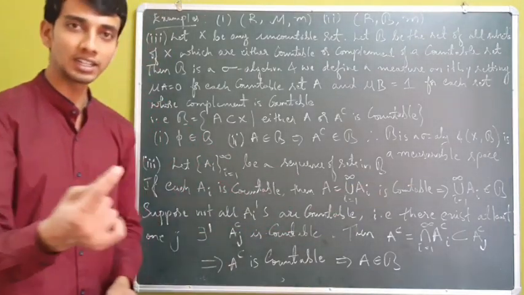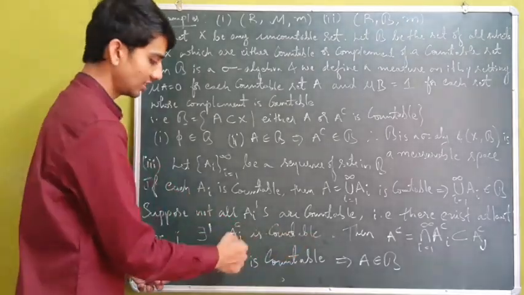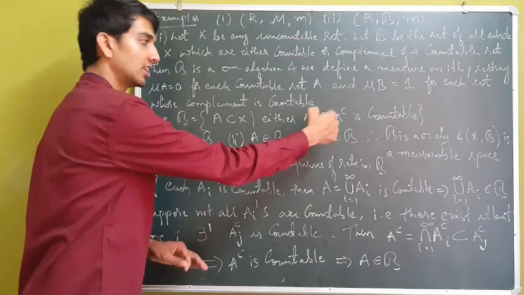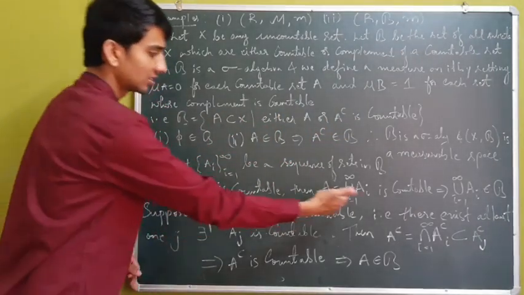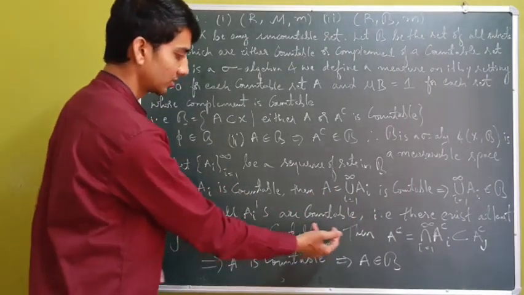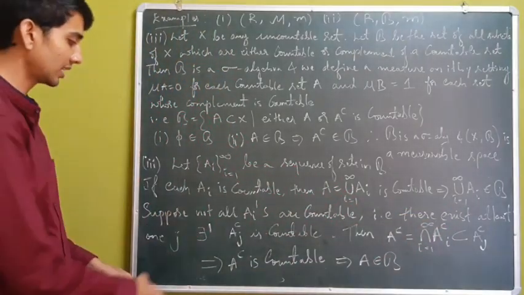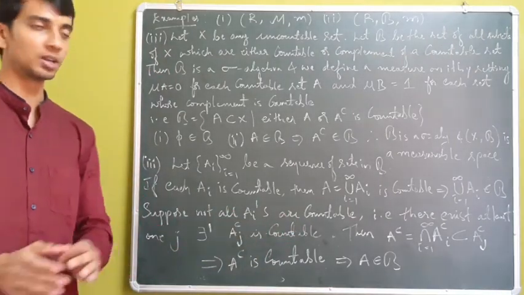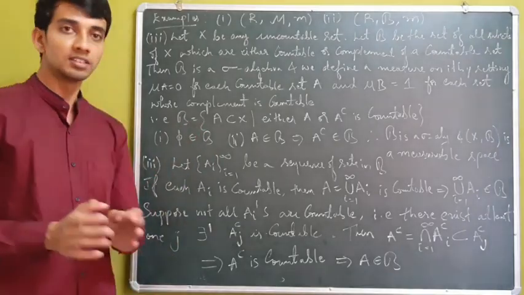Then there exists at least one index, say j, such that A_j complement is countable, because by the definition of B, either A or A complement is countable. Then A complement is contained in A_j complement, which implies that A complement is countable, so that A will be in the collection, which implies that B is a sigma algebra.